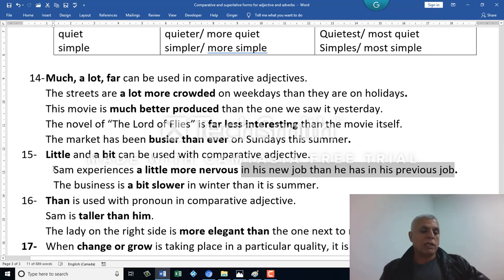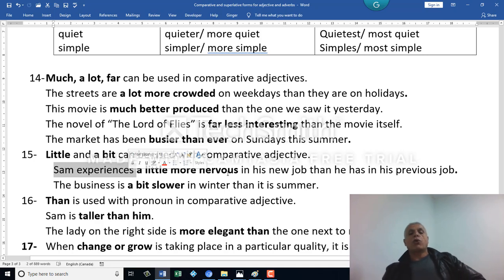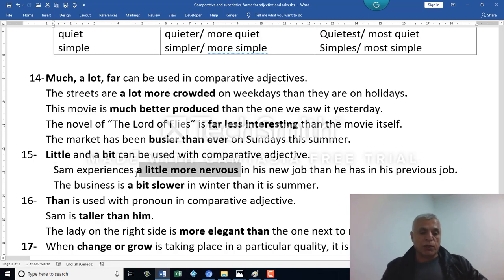Okay, we look here. Sam experiences a little more nervous. That's what we added because we are comparing between two jobs. Then we could look here in this sentence. The business is a bit slower in winter than it is in summer. Should be in summer.